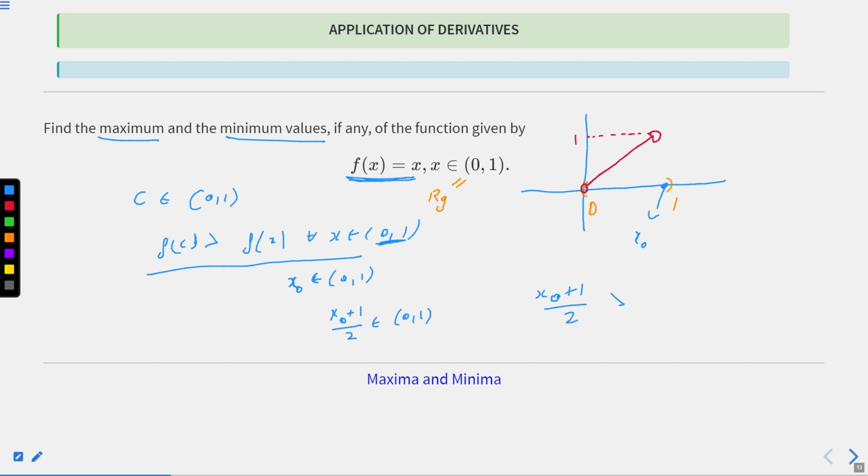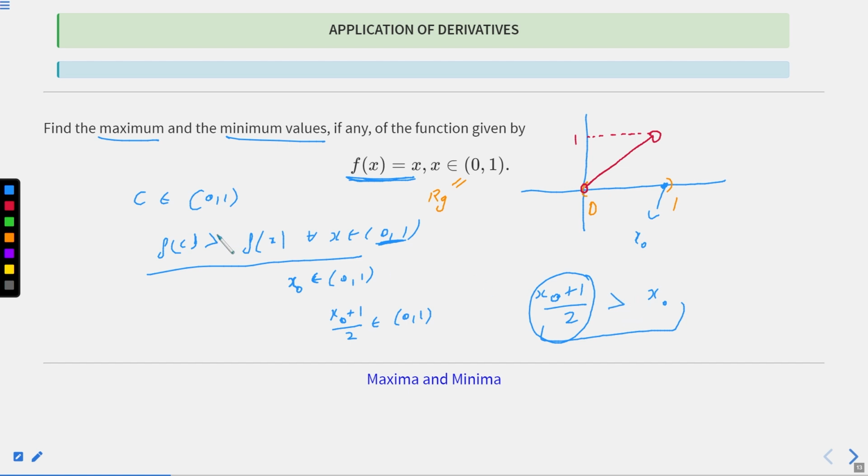So whenever you have any point near 1, this will always happen. This means you will always have some point which is greater than that.